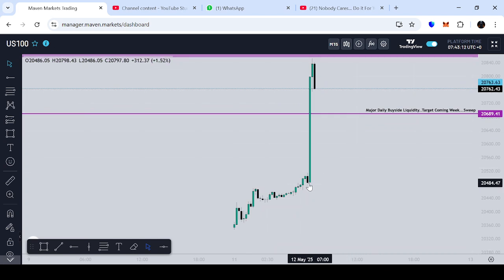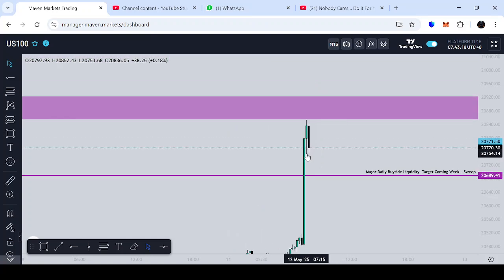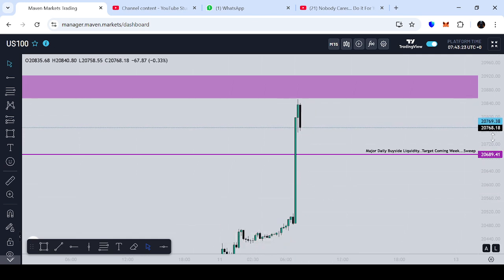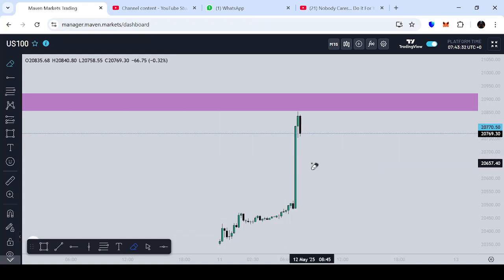Going to the New York session, we'd like to see this low, as an inefficiency left on the gap. Left taking and removing.